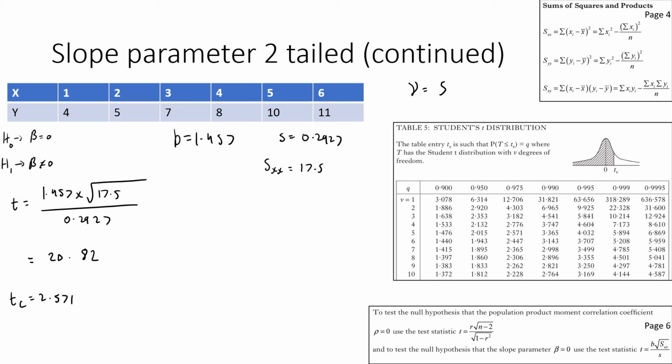Now we can say that 20.82 is greater than the critical value.